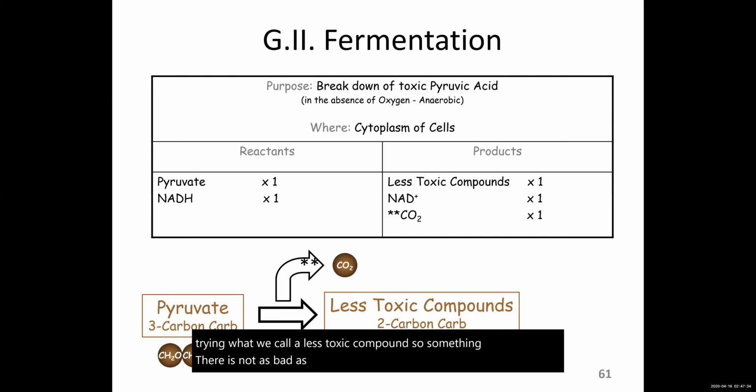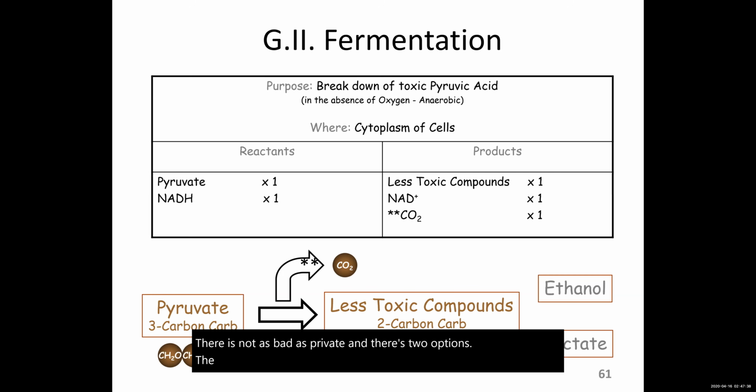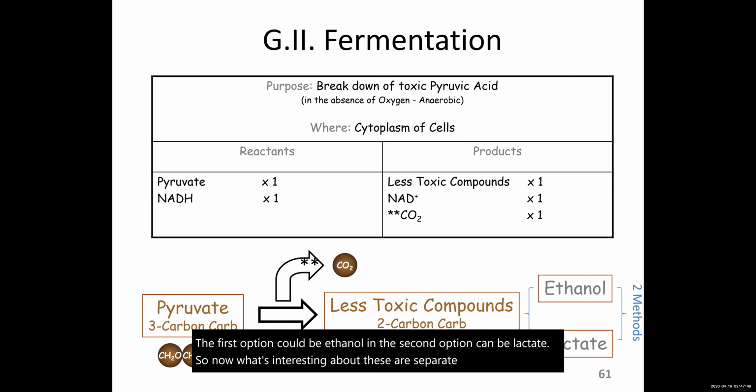There are two options. The first option could be ethanol, and the second option can be lactate. What's interesting is that these are separate methods. Ethyl alcohol or lactic acid are the classic two types of results.